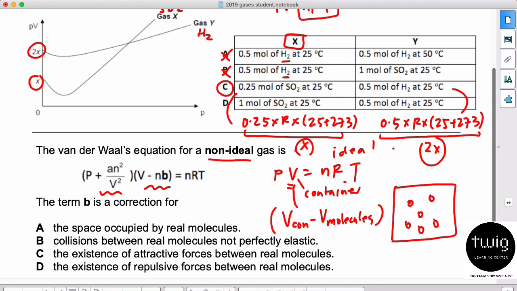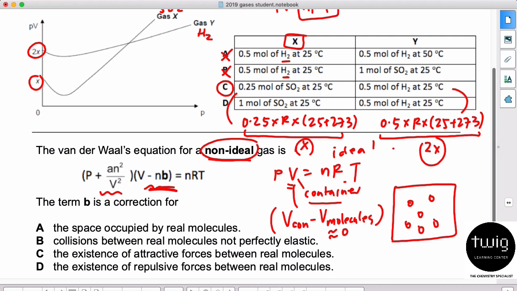But how did it end up to be V of the container? Because the volume of the molecules, you take it to be negligible. So this part we took to be 0, negligible. That's why we end up getting just PV. If it's a non-ideal gas, you have to minus the volume of the molecules.